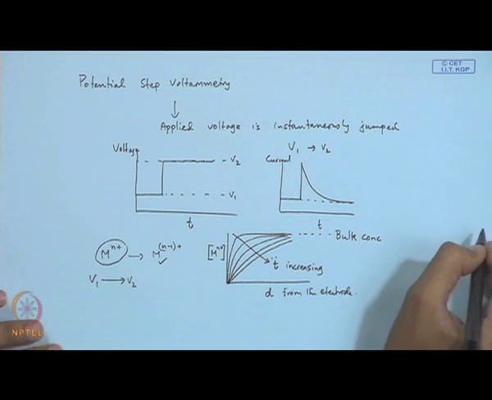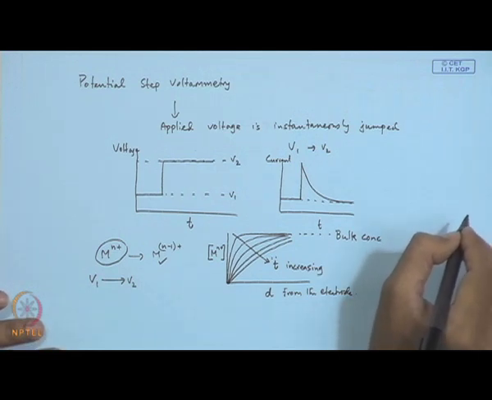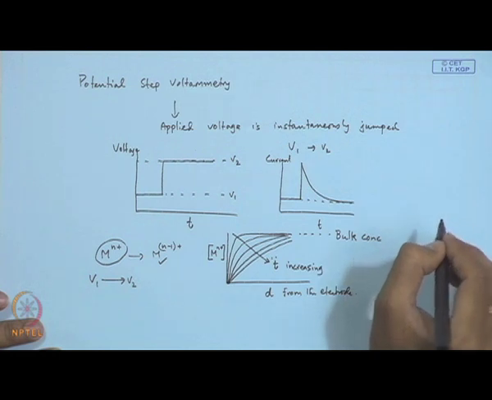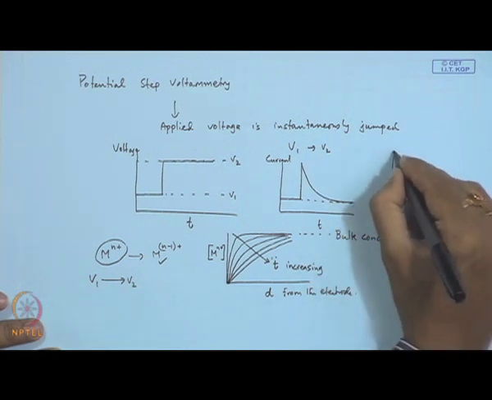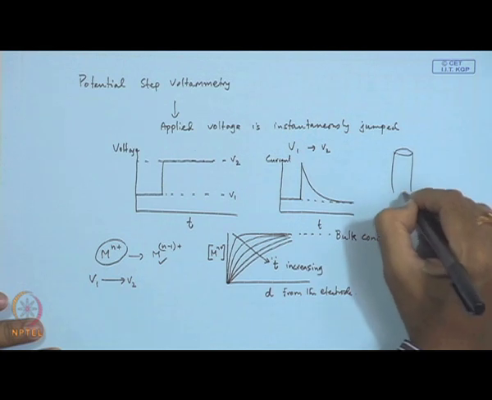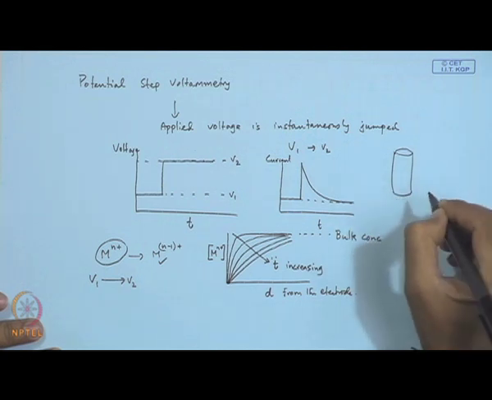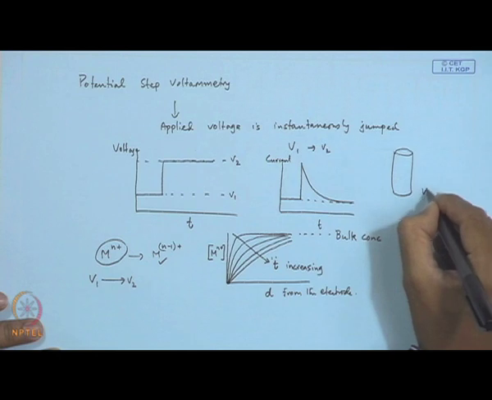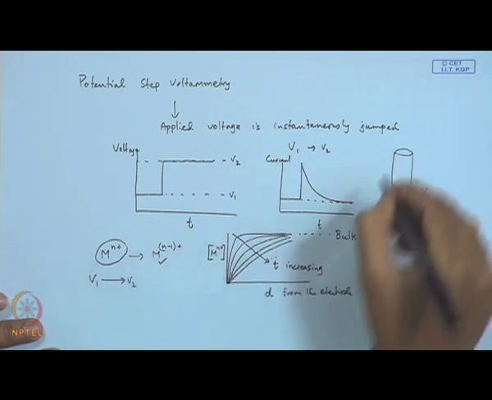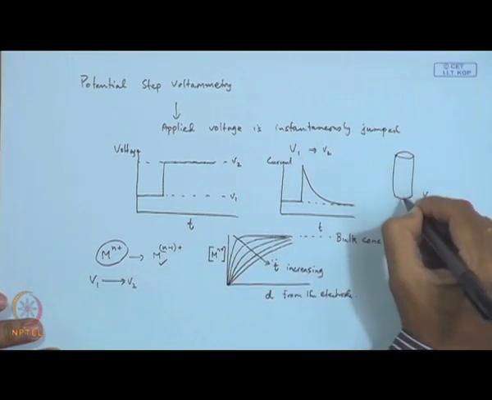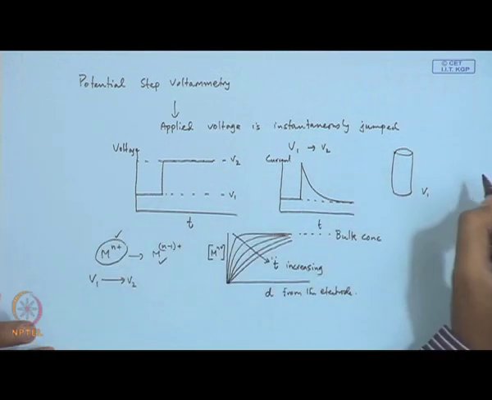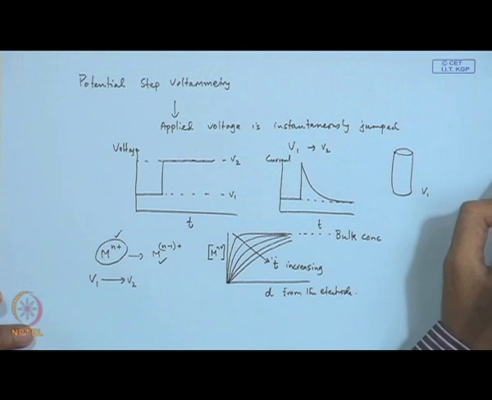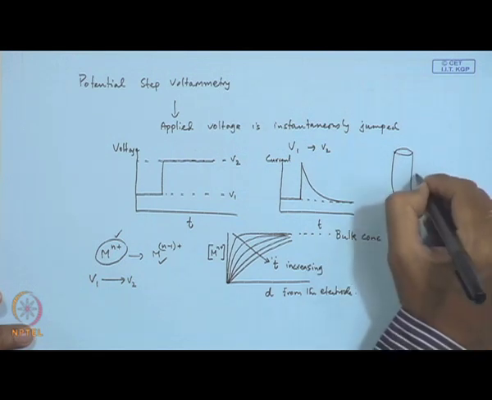This occurs since, the instant before the voltage step, the surface of the electrode is completely covered with reactant. This is your electrode. When it is at V1, there was no reaction, so it is completely covered with your Mn+. Throughout the solution it has a constant composition.